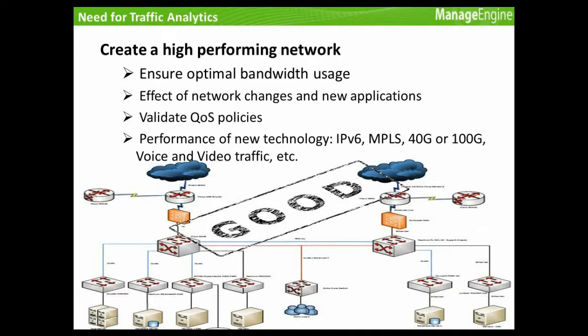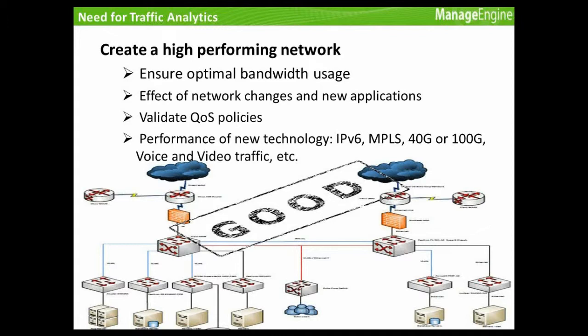So many organizations are now adopting IPv6 or maybe going for MPLS, maybe increasing the speed to 40 gigabit or 100 gigabit, and maybe then even voice or video traffic, stuff like these.